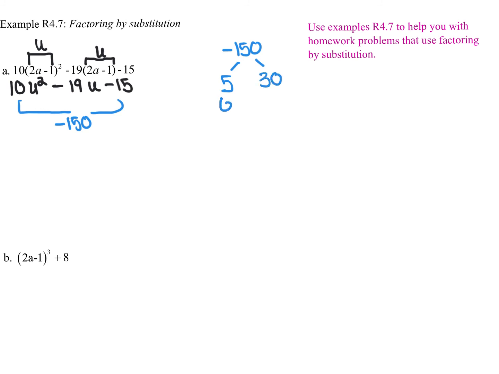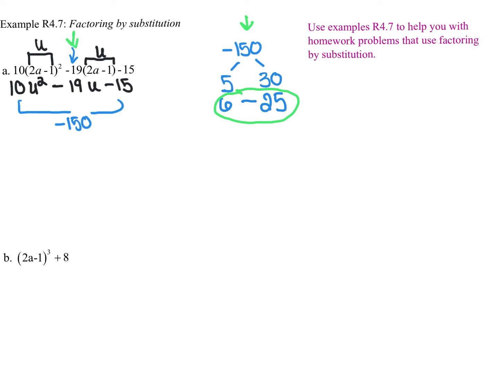I'm going to try 6 and 25. I think I can make 19 out of 6 and 25. So remember, it's negative, and then if you look at 19 right here, it's negative, so I need the bigger one to be negative. A negative times a positive is going to make a negative 150. A negative 25 plus 6 is going to make my negative 19.